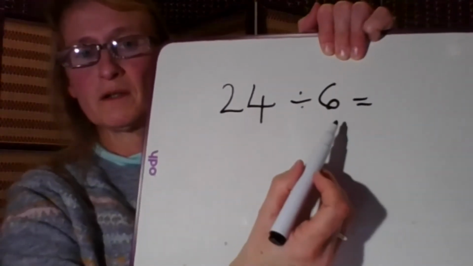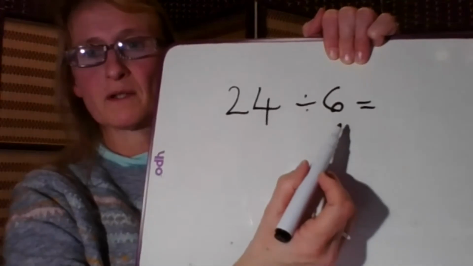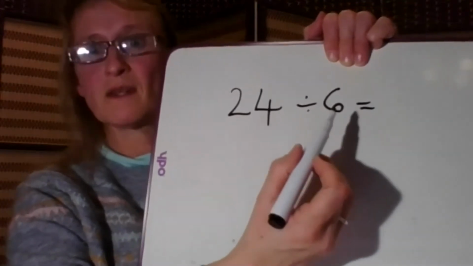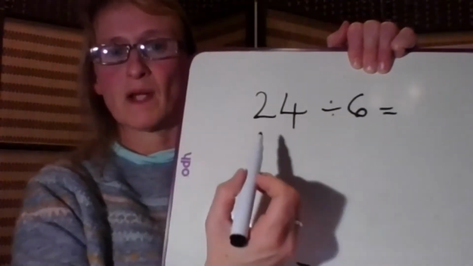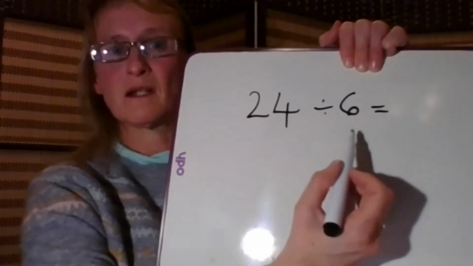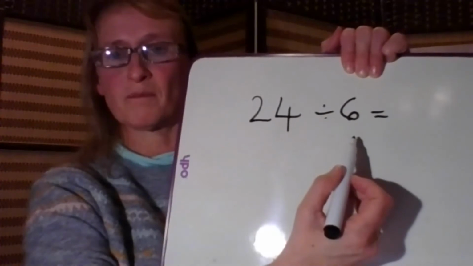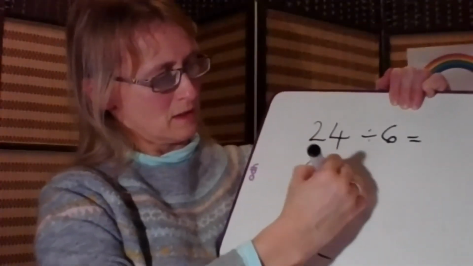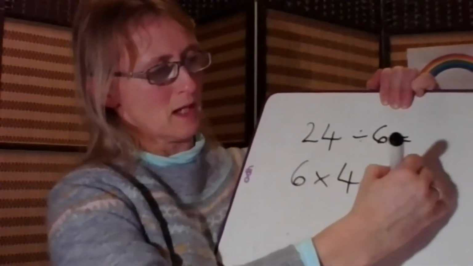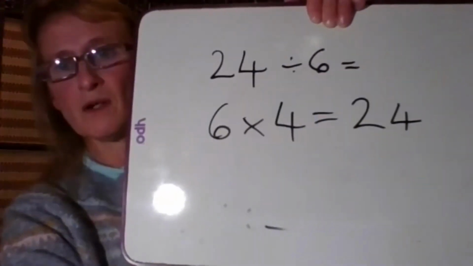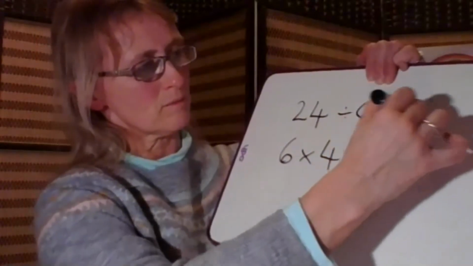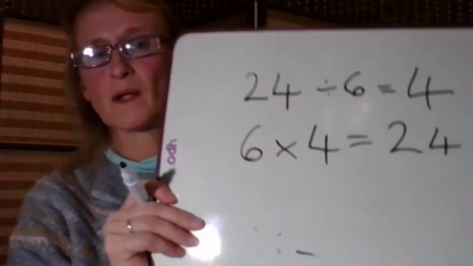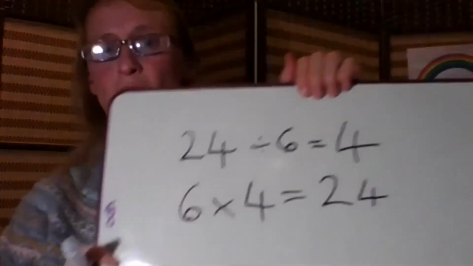All you need to do is find the multiplication question that had 24 as an answer and 6 as part of the question. And you should find that 6 times 4 gave the answer 24. So you know that 24 divided by 6 is 4. Okay, so you should all find that.